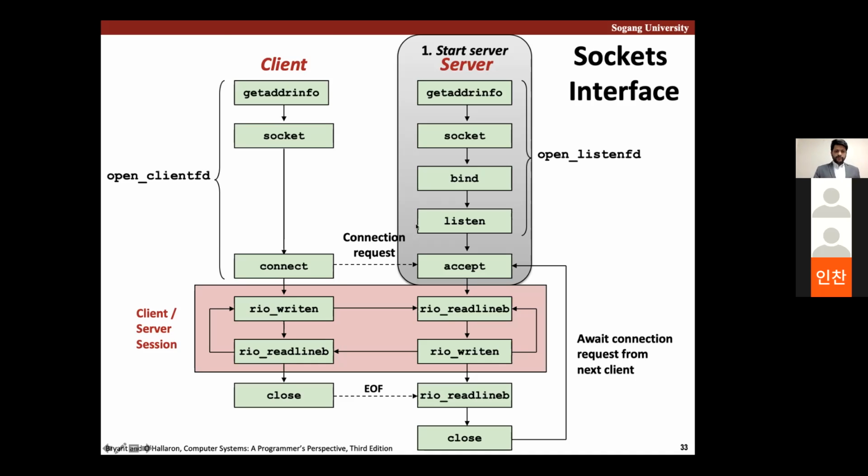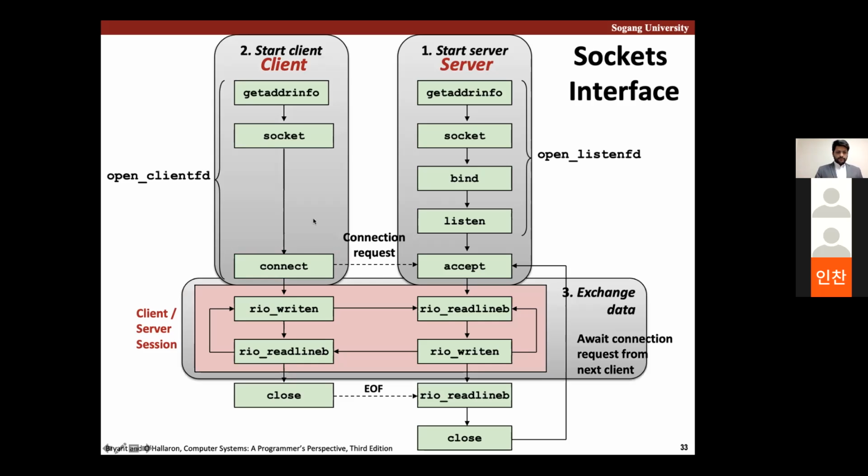Once our server is up, the next task is to run our client and start it. The client has only two methods: getaddrinfo, and then it connects to the socket using the connect function, which sends the request from the client to the server.